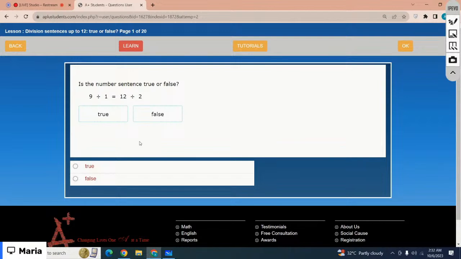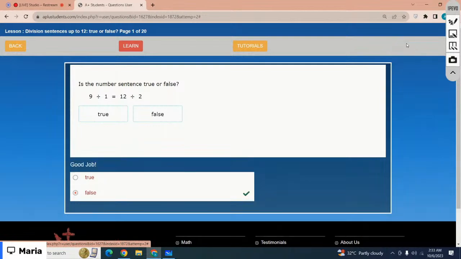The correct option is false. This is false, right? 9 divided by 1 is 9 and 12 divided by 2 is 6. So, though they are not equal, that would be false, right?